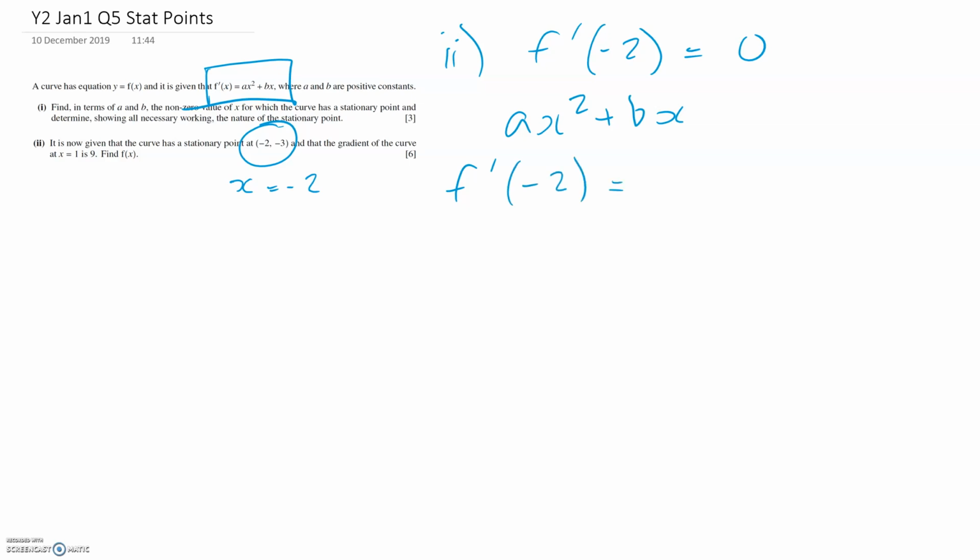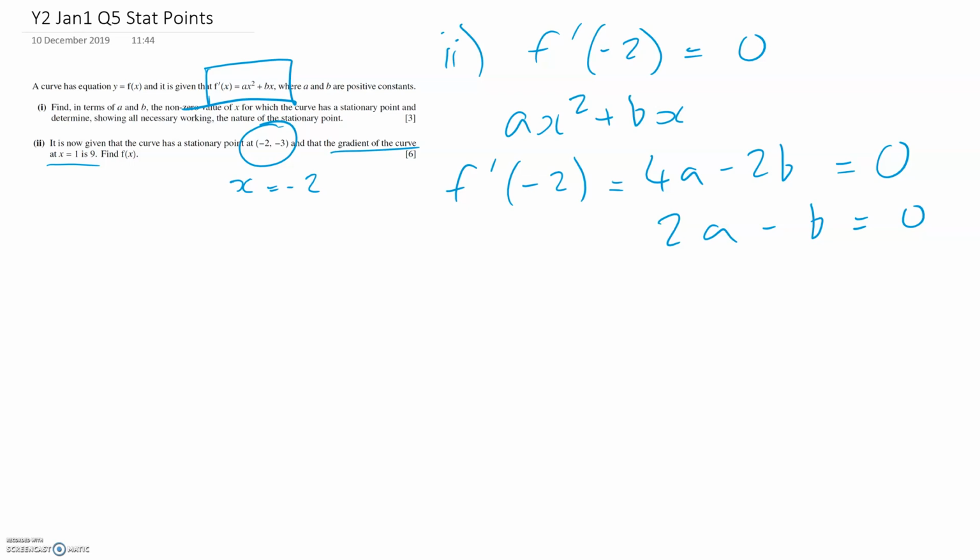We will substitute minus 2 into there. So that will give us 4a minus 2b, and that's going to equal 0. You could probably divide everything by 2 here, so 2a minus b equals 0. We also know that the gradient of the curve at x equals 1 is plus 9.